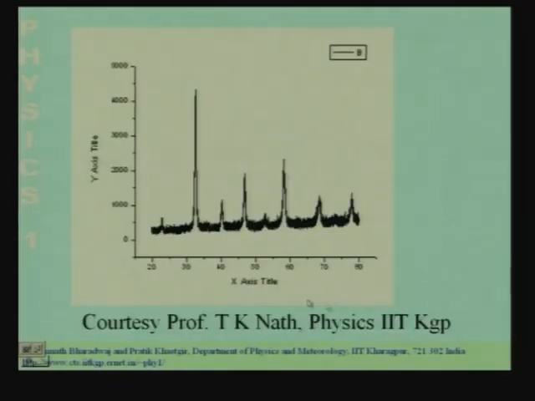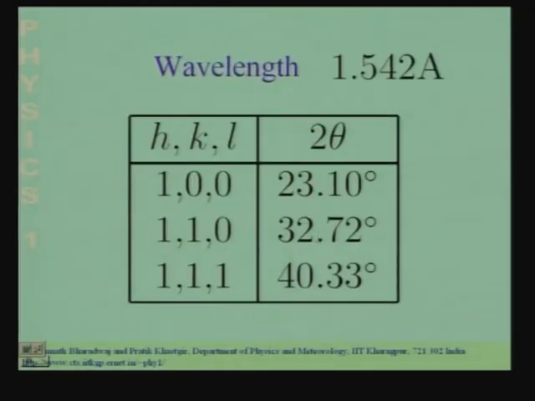So in this picture, these lines are the X-ray maximas, and what you can get from the X-ray diffractometer is the intensity and the angle where you have the different maximas. And this table shows you the angles where you have the different maximas.